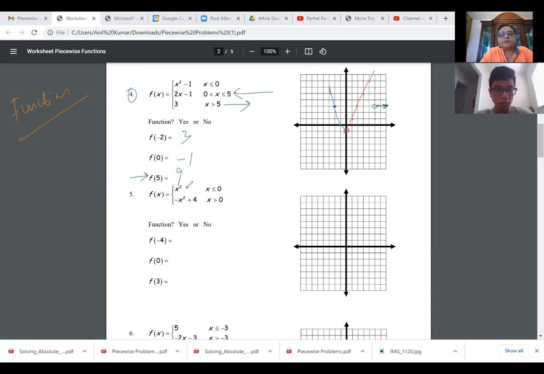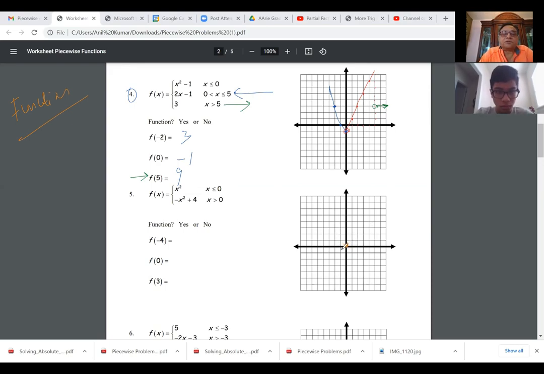Sketching is very simple in this case. When x is equal to 0, we are talking about the point at the origin itself. And then when it is greater than 0, we are looking into the other parabola, which is going downwards, right? So if I write a value like x equals to 1, for example, then it is 4 minus 1, which is 3.